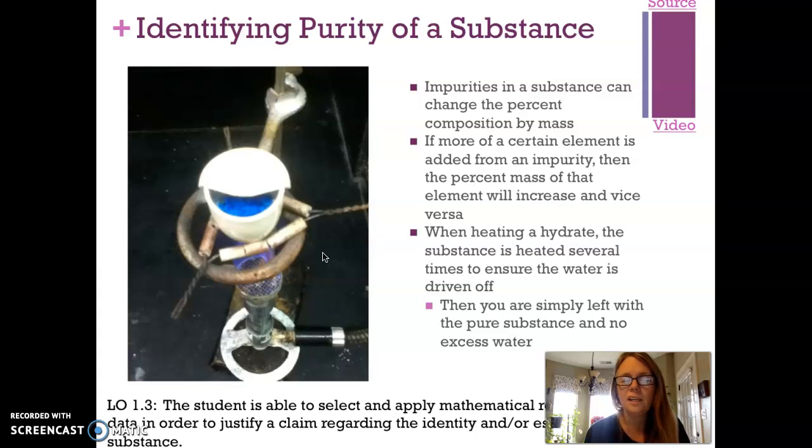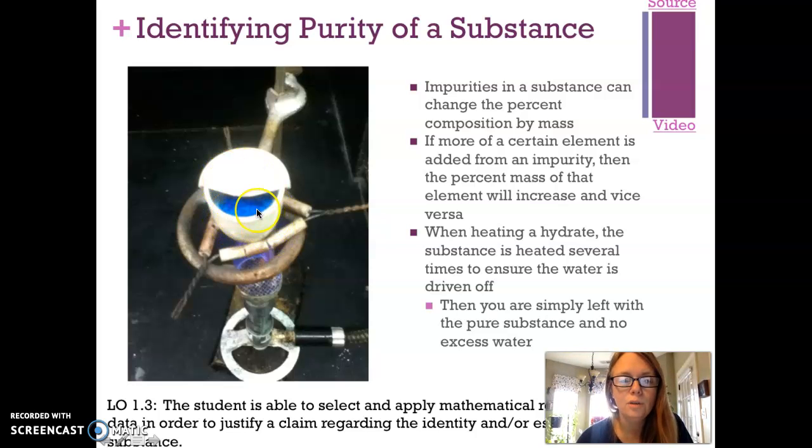What about the purity? This will be the last one we do for our short little sample video to try this out. So, you probably recognize this setup. What is this? This is a Bunsen burner with a crucible and a copper compound. Copper sulfate is a hydrate.